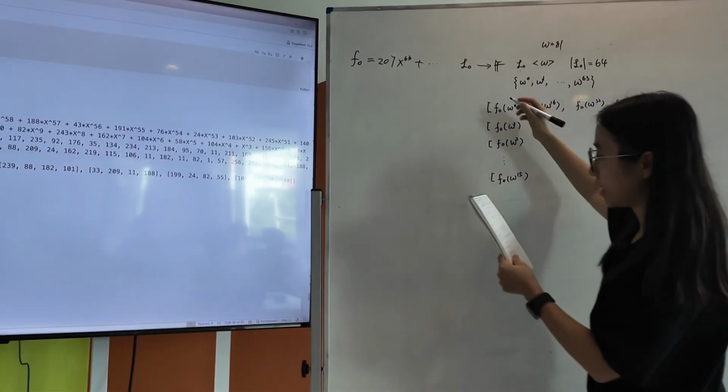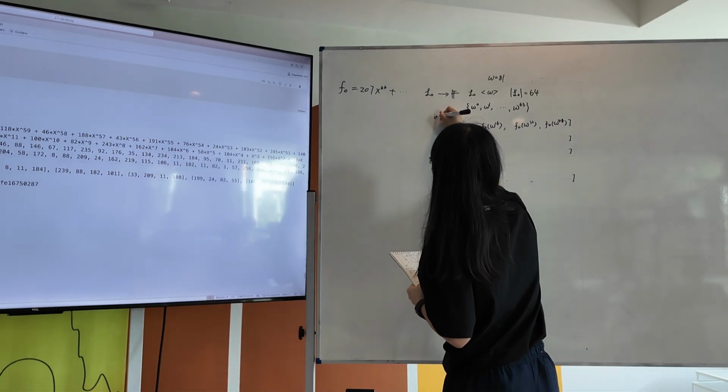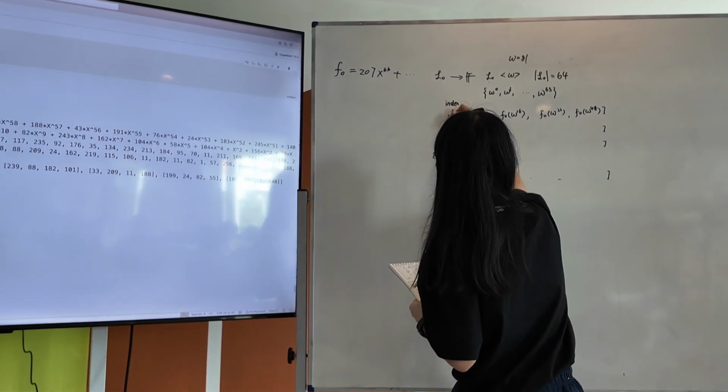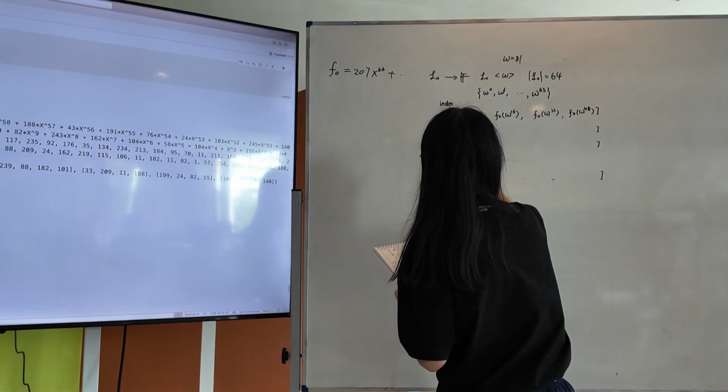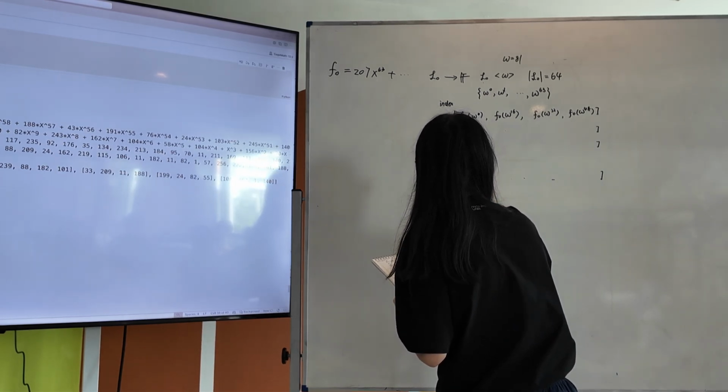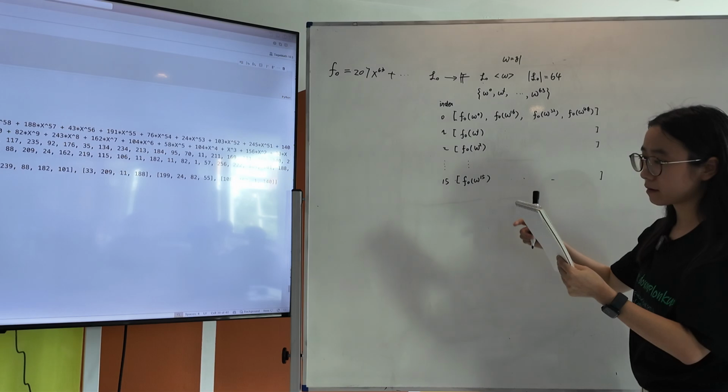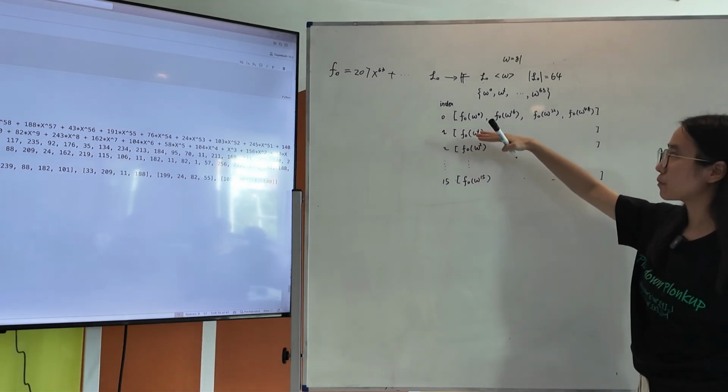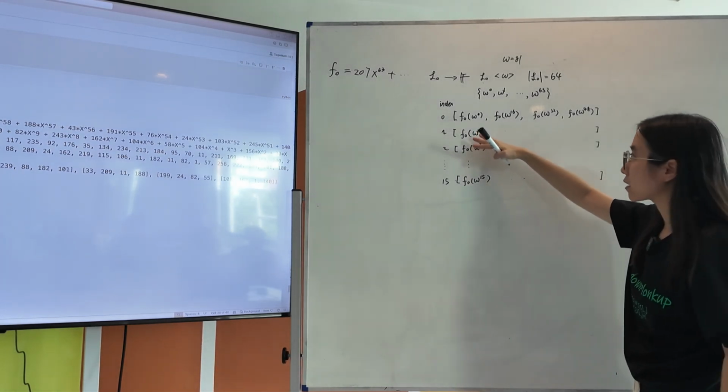So we choose an index 1, 2, 15, and why do we group this in the code?